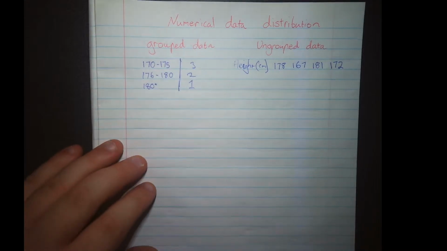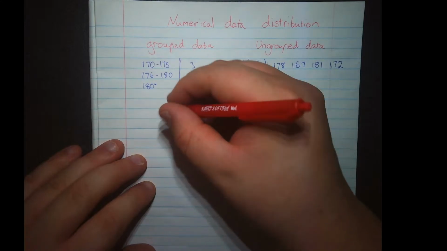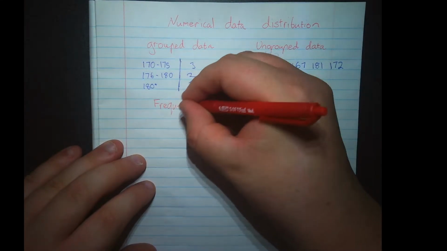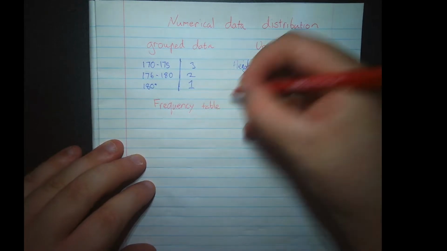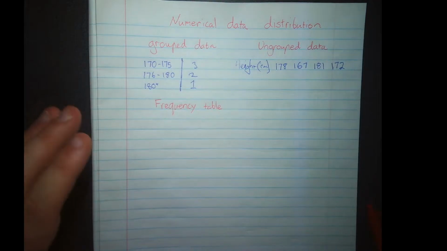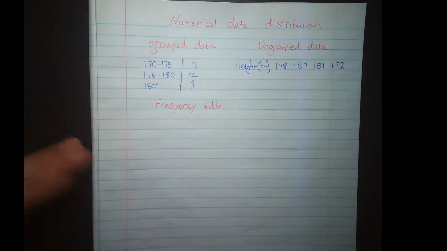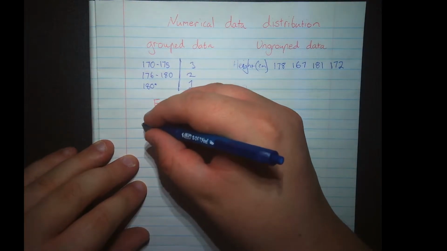All right, so this is our ungrouped data. I'm just going to put it in the title. So this is a frequency table, and we did already talk about frequency tables last class. So let's say the test was out of 30, and I'll have a couple of marks here.